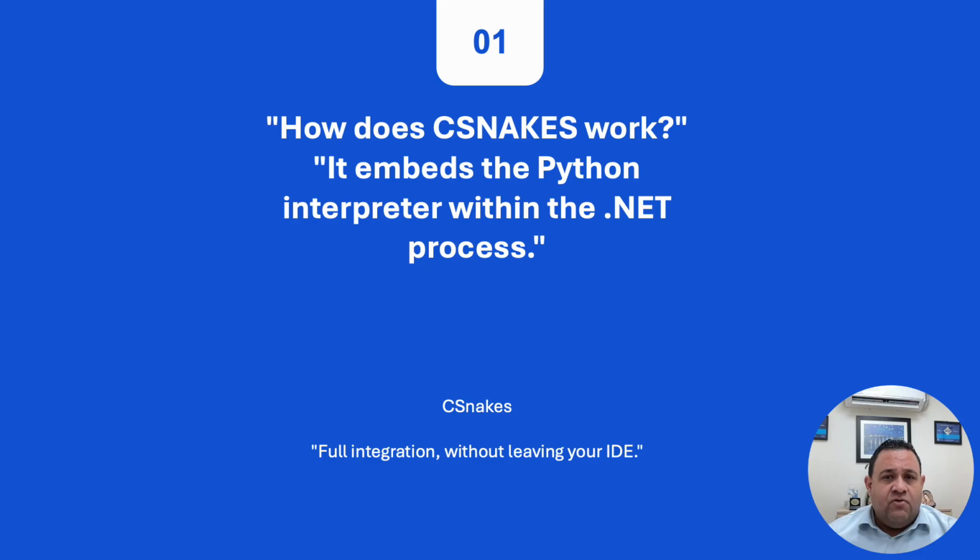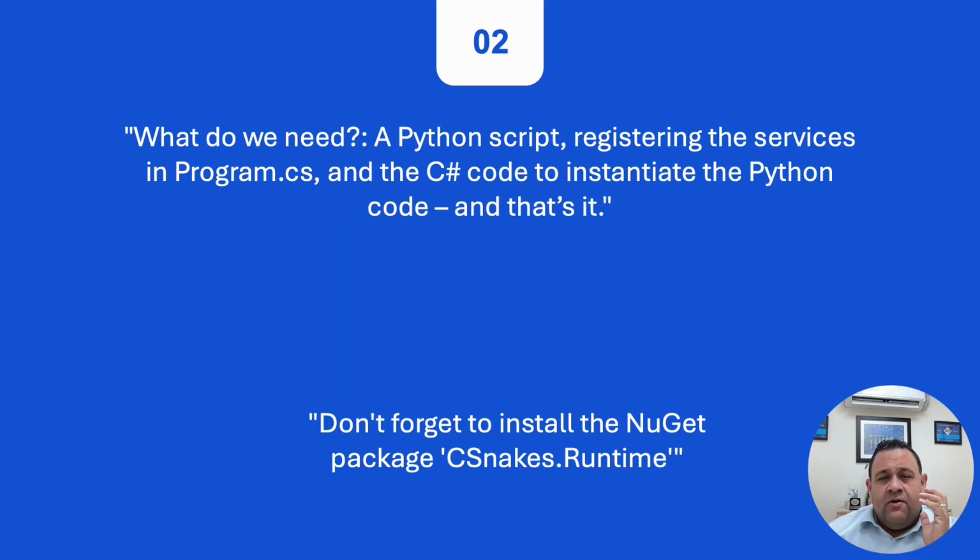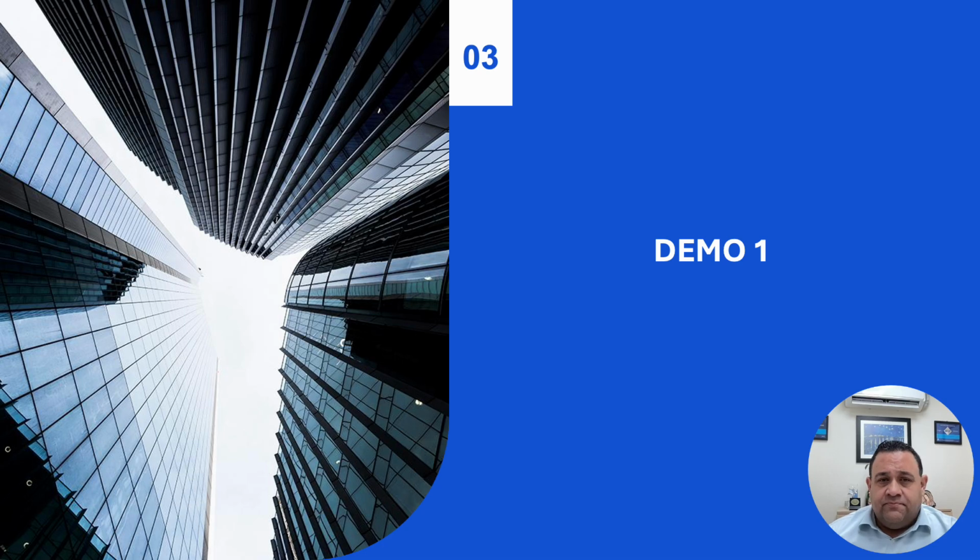Full integration without leaving your IDE. What do we need? A Python code, registering the service in Program.cs, and the C# code to instantiate the Python code. And that's it. Don't forget to install the NuGet package CSnakes.Runtime. Go to demo 1.